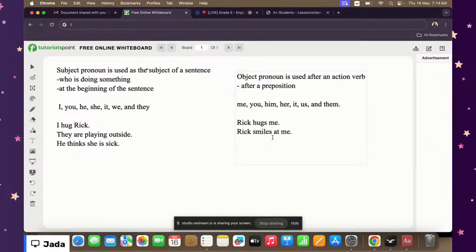Then her, in the first sentence, her is object pronoun. Then they are mad at her because she's being very mean to the new girl. Okay, her, so you have the object pronoun there.